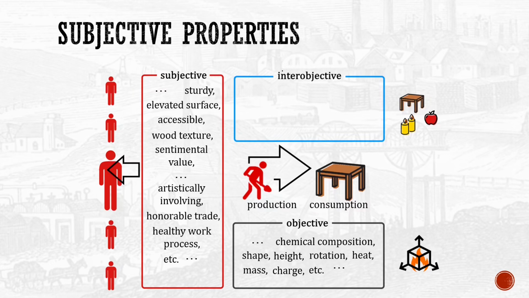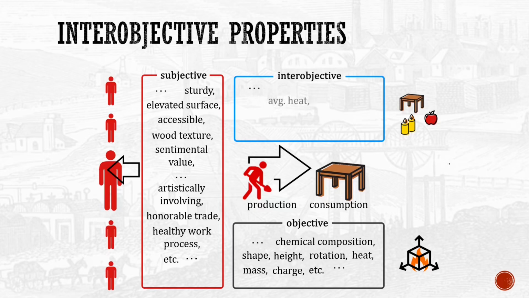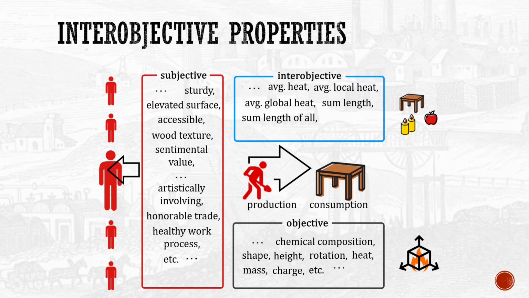For instance, a property of this set of sets would be the average heat of two tables, or of all of your friends' tables, or even of all the tables on Earth. In fact, all of these are properties of this set of sets. And not only these, but also the sum length, not only of tables, but of all objects with length, as well as the relative relations of the masses of each table to every other table, and so on and so forth.